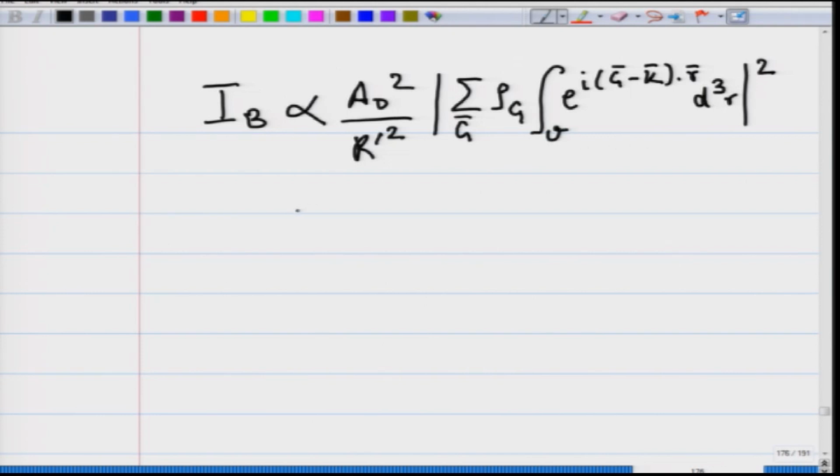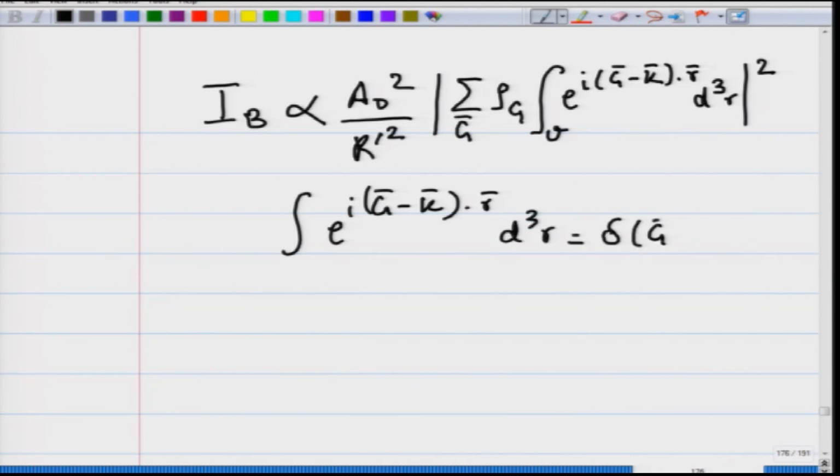This integral e raised to i (g minus k) dot r bar d cube r can be written as delta of g minus k into the volume, where this is equal to 1 if g is equal to k, and is equal to 0 for k not equal to g.